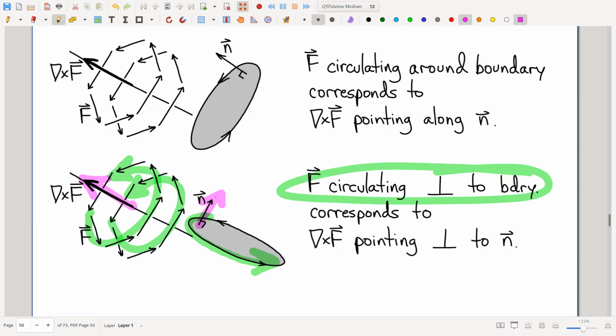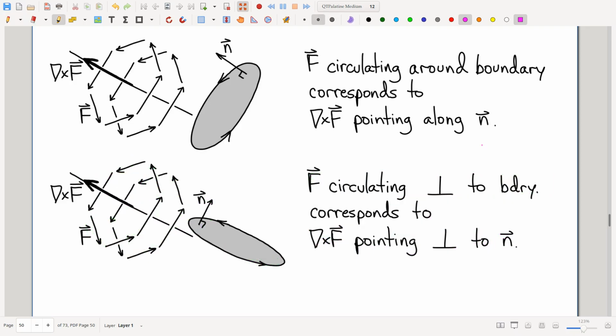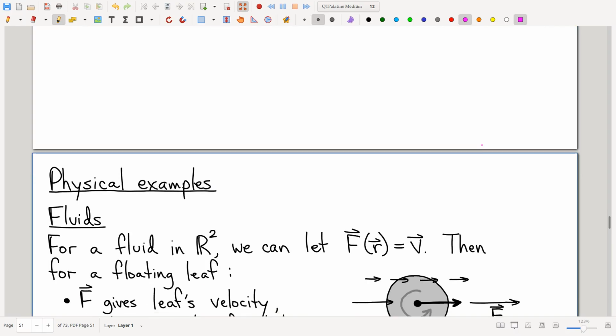Does that seem reasonable? Again, this doesn't prove anything, but I think this is a plausible consistency check. Let's call it that.